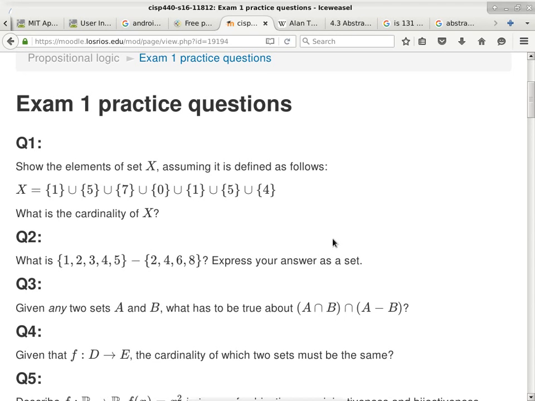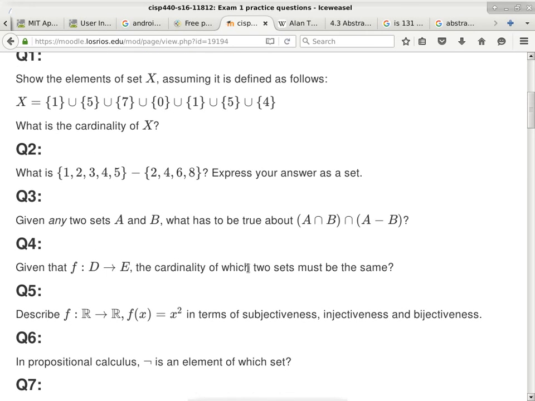The cardinality is just counting how many things are actually in X. So then that's 5. Question number 2, subtraction. Quote unquote subtraction is whatever is in the first set that is not in the second. So in this case, 2 has to be taken out, 4 has to be taken out. So after the quote unquote subtraction, 1, 3, and 5 will be in the result.